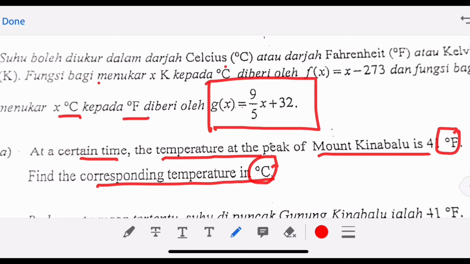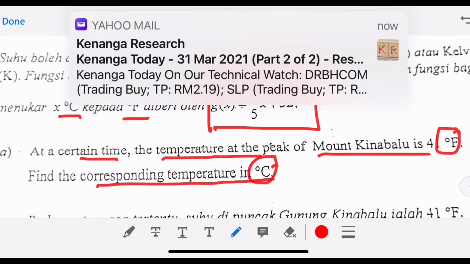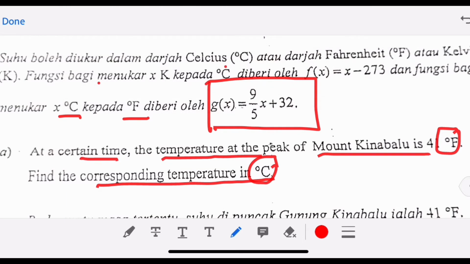So the question is asking you to find the corresponding temperature in Celsius if it is 4 Fahrenheit. Okay, 4 Fahrenheit. So if you put the degree, how many degrees Celsius here?